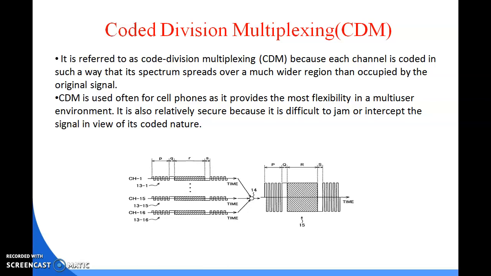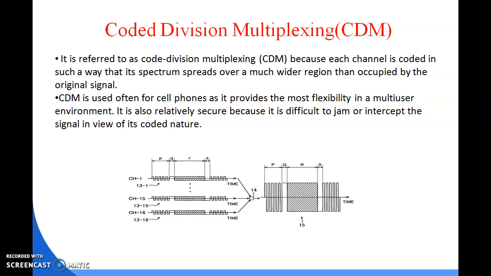According to the figure, all the signals are in coded nature, and the coding is such that its spectrum spreads over a much wider region than that occupied by the original signal. Right, so why is this coded division necessary? It is required to increase the spreading area of the spectrum to a much wider region than that occupied by the original signal.